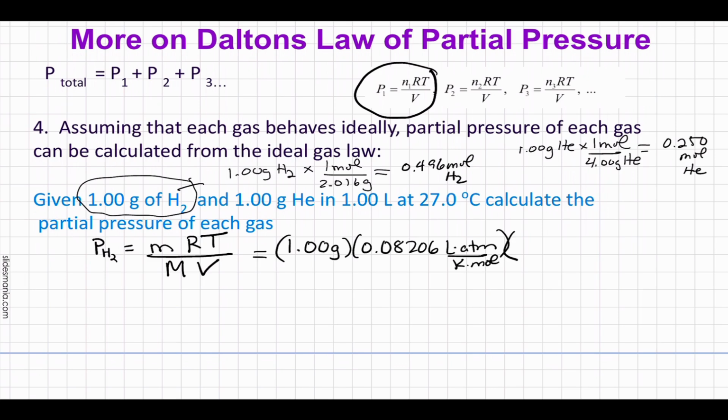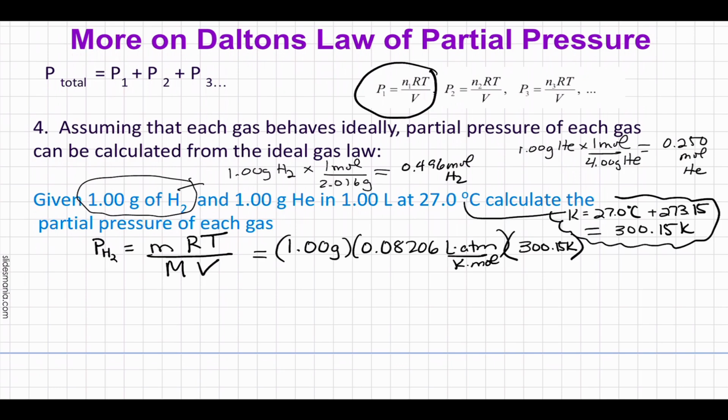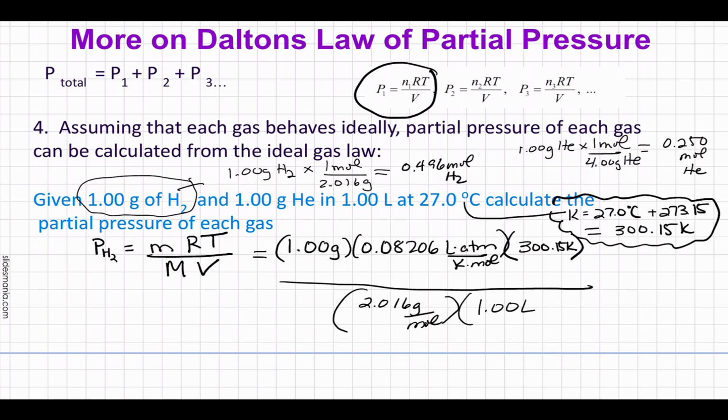Times T, so 27 plus 273.15 is going to give me 300.15 Kelvin. So that's just my little conversion on the side. And then I'm going to divide by the molar mass. This is hydrogen, so it's diatomic. And then the volume is 1 liter in the question.